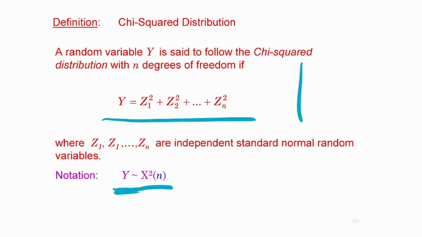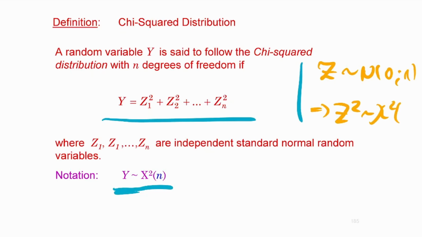Now, I just wanted to mention here that, for example, if z follows the standard normal distribution, then this implies that its square would follow the chi-square distribution with exactly 1 degree of freedom, because you only have one summand involved.